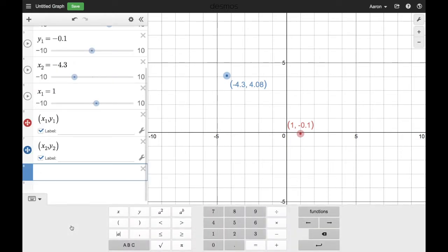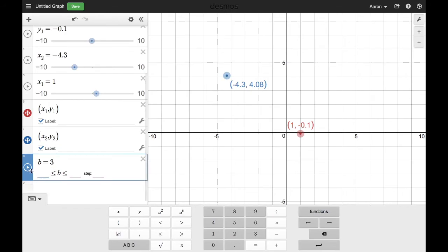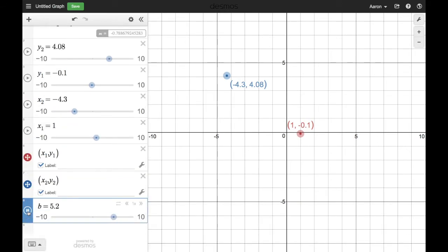I'm going to add a B value too. And B, I'm just going to type in B equals 2. Oh, sorry, 3. I typed a 3. There it is. Can we press play on that? Yes, we can. And as soon as you press play, you get a slider, which can move back and forth.